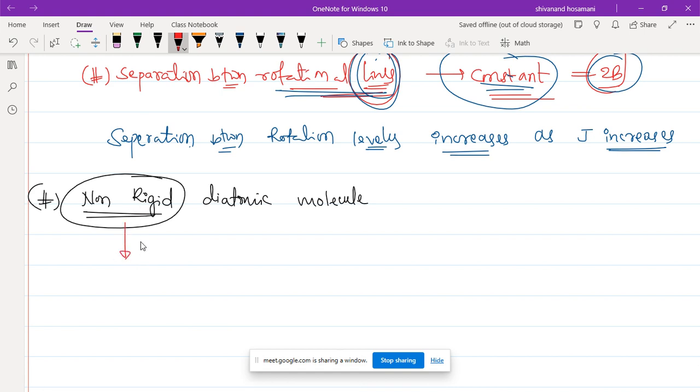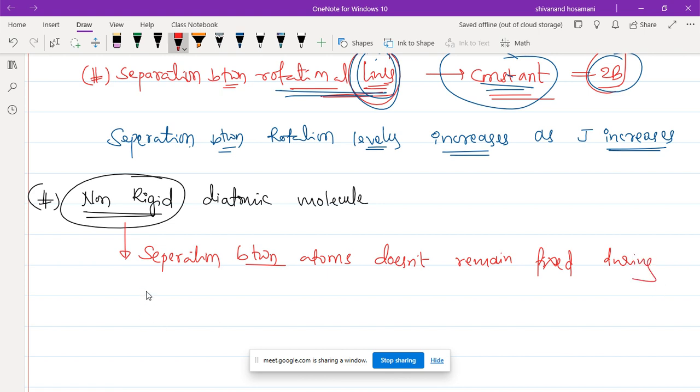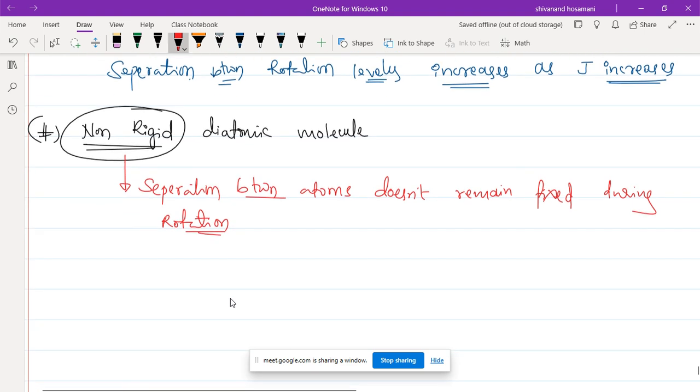Non-rigid means the separation between atoms does not remain fixed during rotation. We call this a non-rigid rotor. The molecule will behave as a non-rigid rotor.